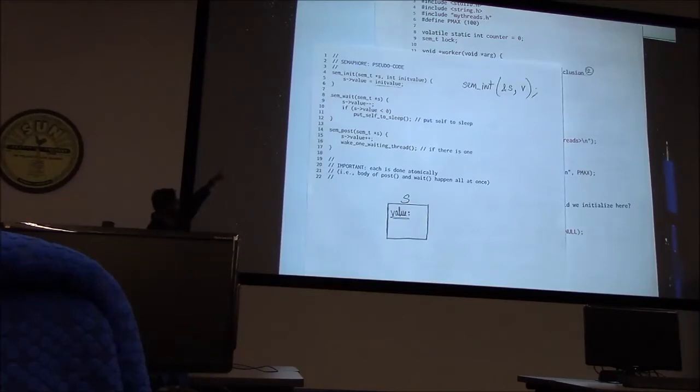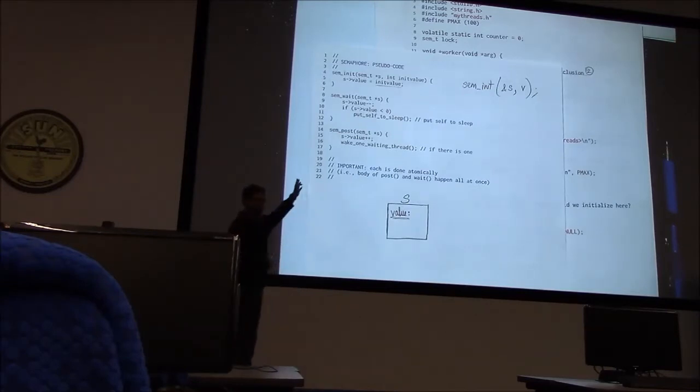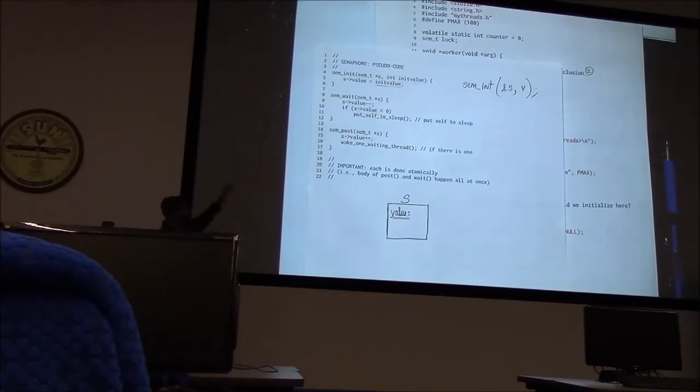So if we call sem wait on this particular semaphore, that initial value of 0 would be decremented to -1, and at line 10 we will be checking if that value is less than 0. Yes, it is, and immediately the first thread which is trying to acquire the lock will go to sleep.